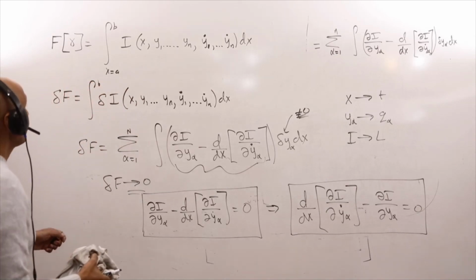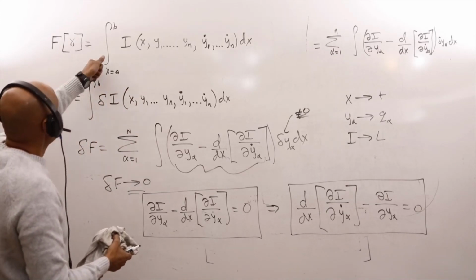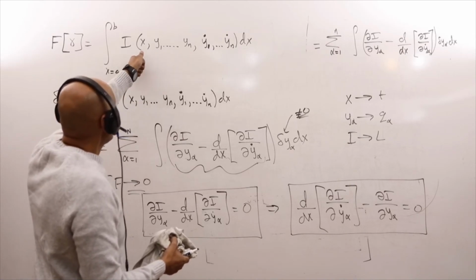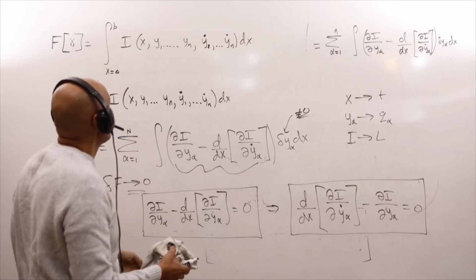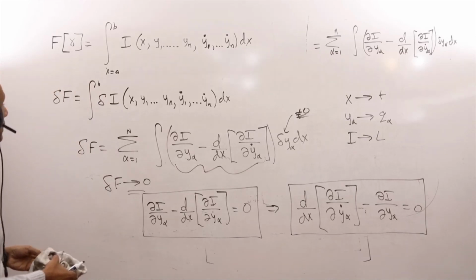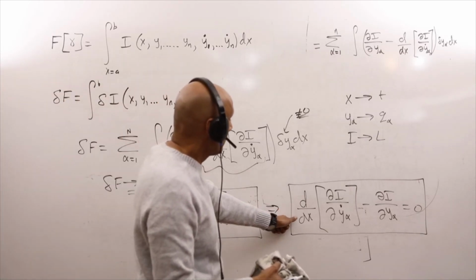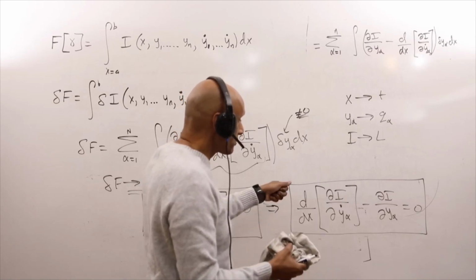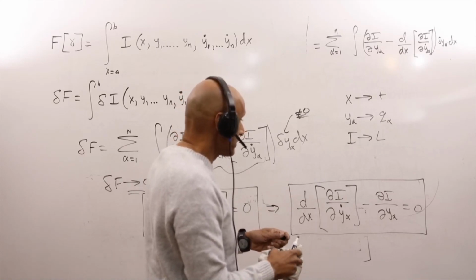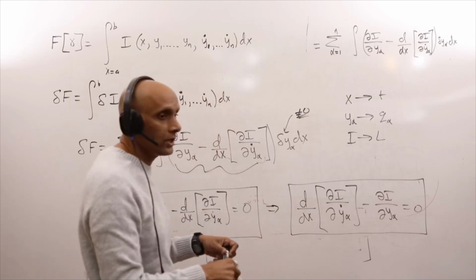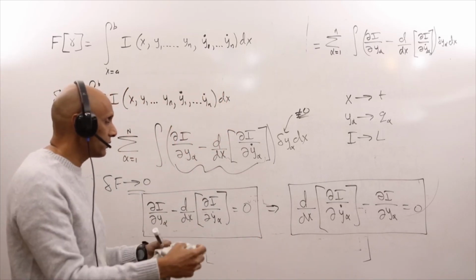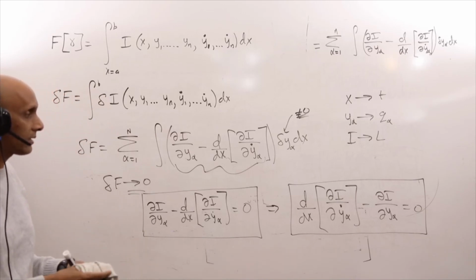If you have a functional that has an integrand of multiple dimensions with a dependent variable, and we're trying to find the curve that extremizes this functional, we use this equation. And it should be familiar to you. As a physicist, I always remember this equation because I always remember the Lagrange Euler equation, because that's what a physicist does: he uses those equations to construct classical mechanics.